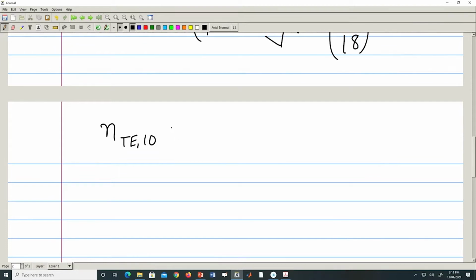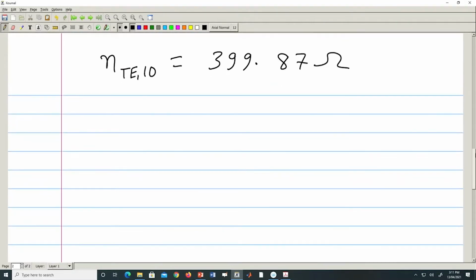Now, for the TM11 mode, again we have to calculate the cutoff frequency, then we will get the wave impedance for the TM11 mode. To calculate the cutoff frequency we can go by the same method. So, this is the Fc for 11. Fc for 11 will be u by 2 into the square root of (m by a) whole square plus (n by b) whole square.